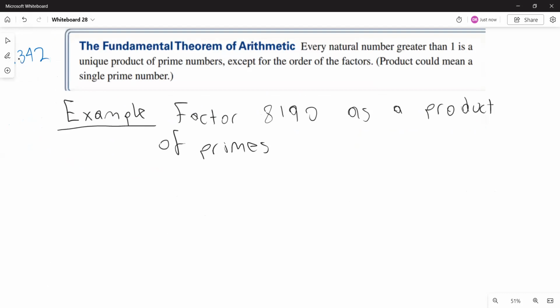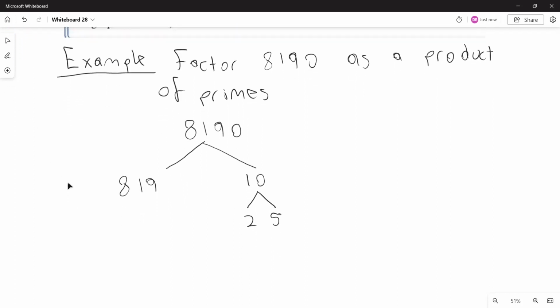Okay, so 8,190. We're going to write a factoring tree. So this is a number that ends in 0, and it is divisible by 10. So we have 819 times 10. And 10 can be factored as 2 times 5. So we have primes at the end. If we have primes at the end, we're going to stop the factorization there.